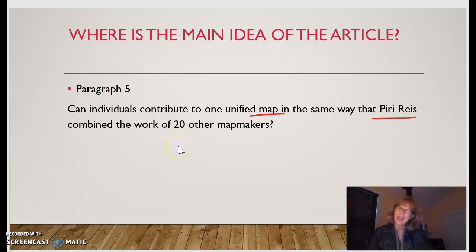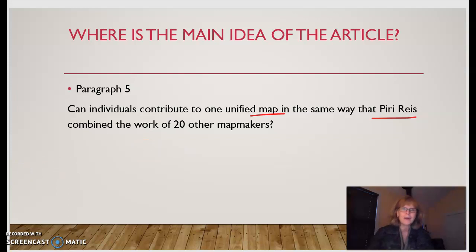So this is asking the question about current digital maps and looking back at the older Perry Reese, who we find out is a map maker from the 1500s. And this article really wants to make some comparisons. Can we still contribute to a map, to one unified map, in the same way that Perry Reese did in the 1500s?